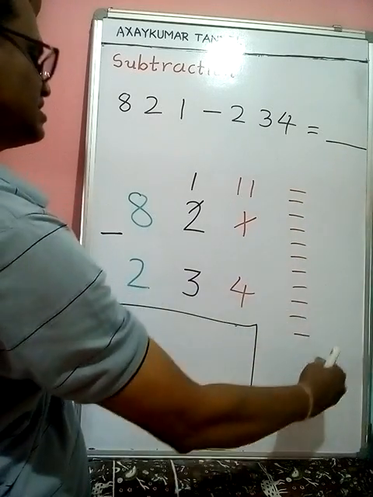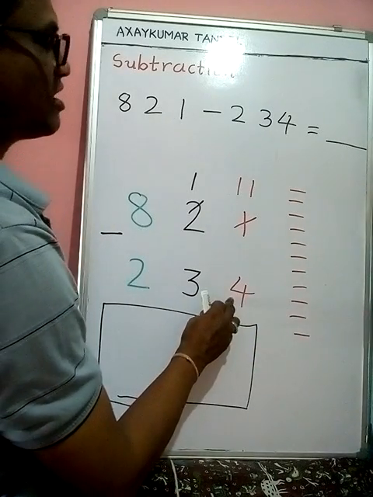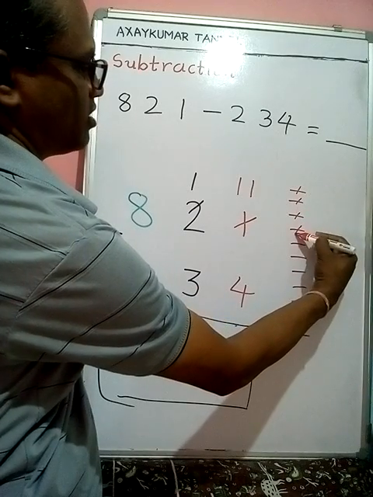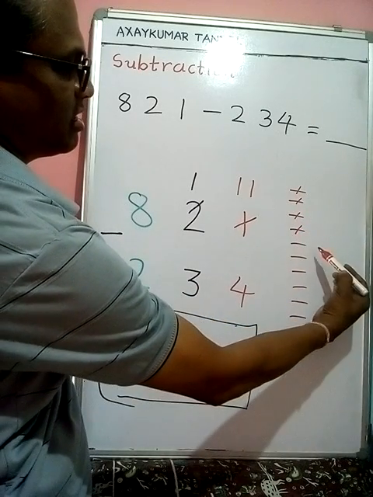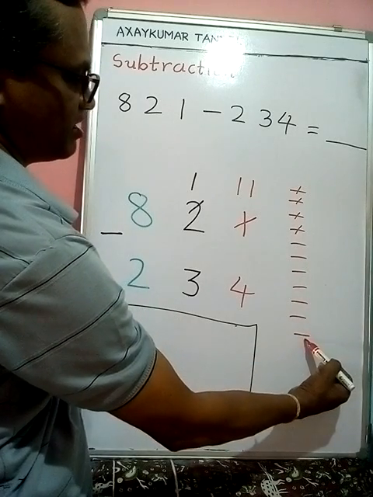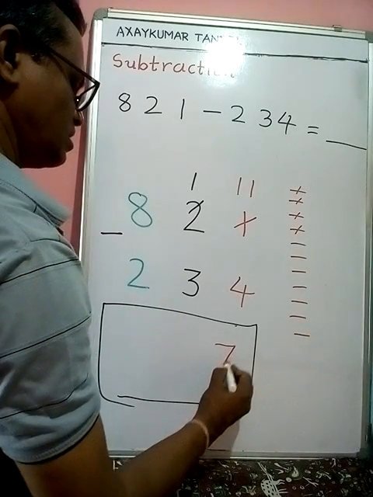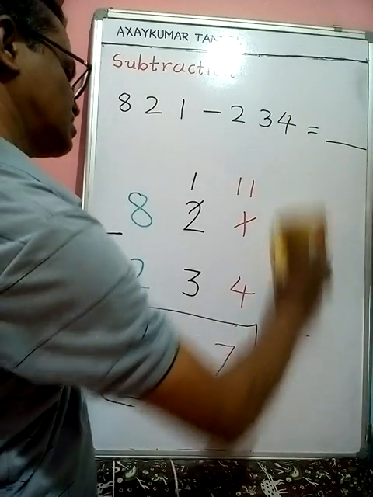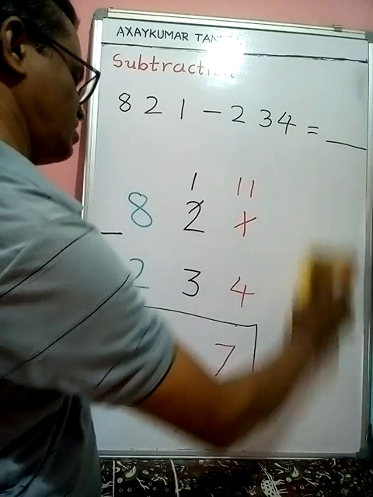We draw 11 lines, minus 4 cutting. 1, 2, 3, 4. How many saving? 1, 2, 3, 4, 5, 6, 7. Therefore, our ones column subtraction is 7.